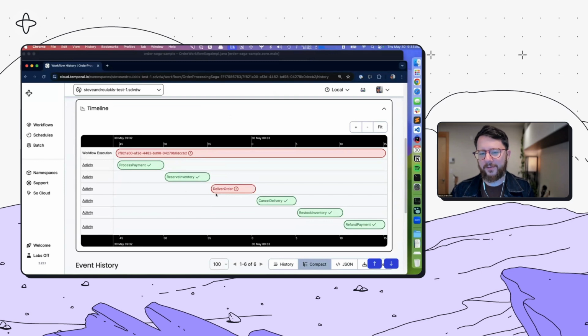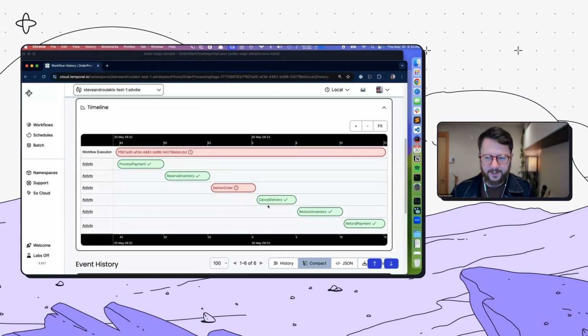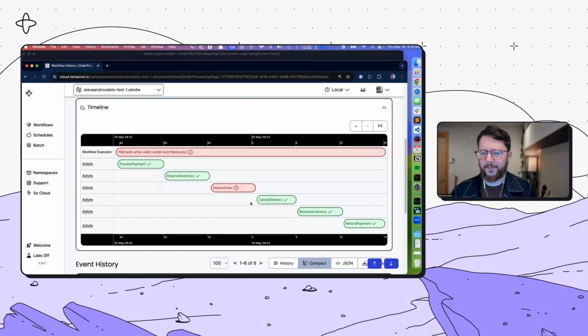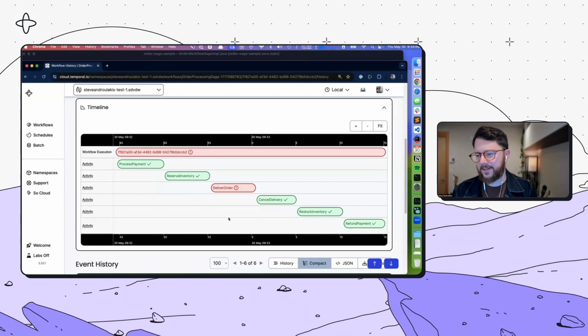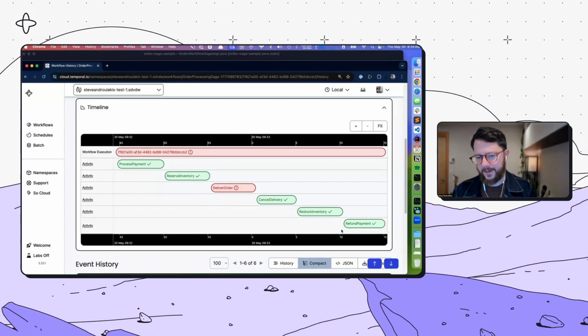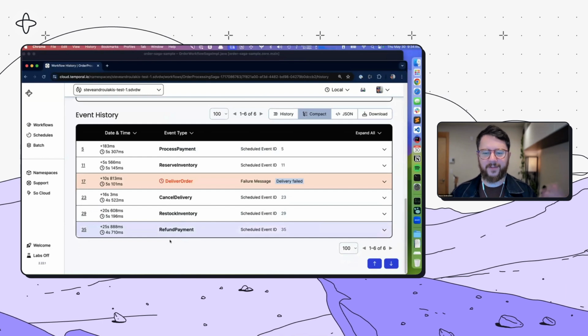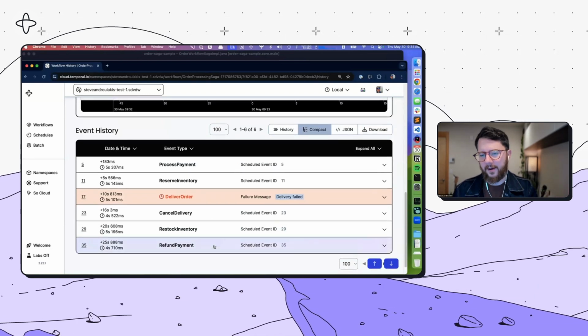And because of that, the workflow triggered Saga compensate. And Saga compensate canceled delivery, restocked the inventory, refunded the payment. So it rolled back each of these steps. This inventory has now been restocked. This payment has now been refunded. The workflow has failed. Of course, you could have a step here that says notify customer of the failure.